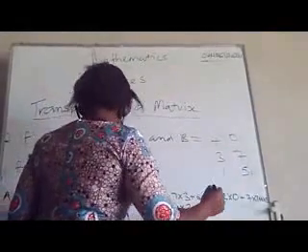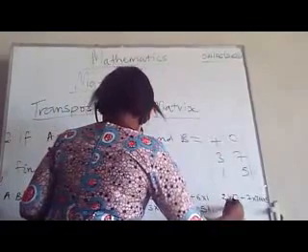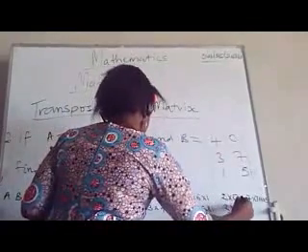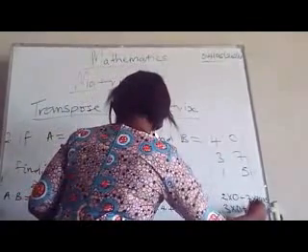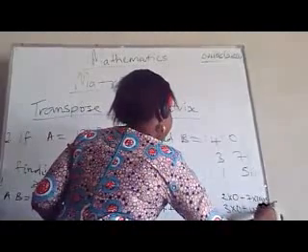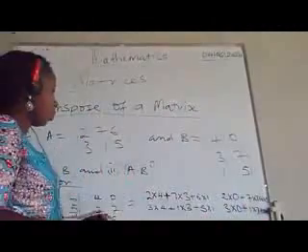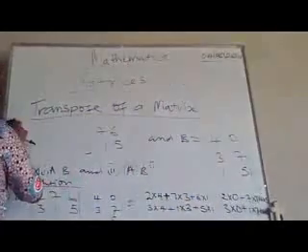We had the same thing with the second column. 3 times 0 plus 1 times 7 plus 5 times 5. Let me clean this upper part.